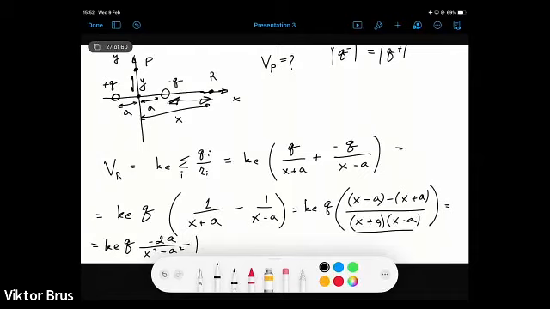We will continue our discussion on Friday when we deal with continuum electric charges, and as a result, electrostatic potential and fields created by a continuum of electric charges.